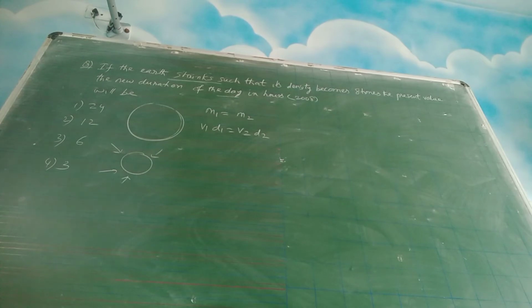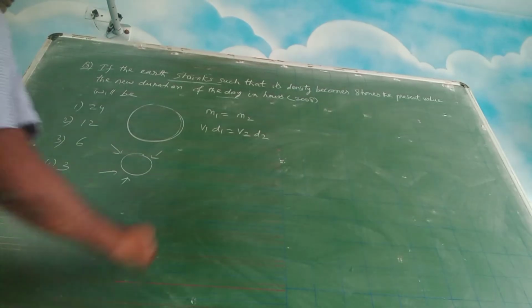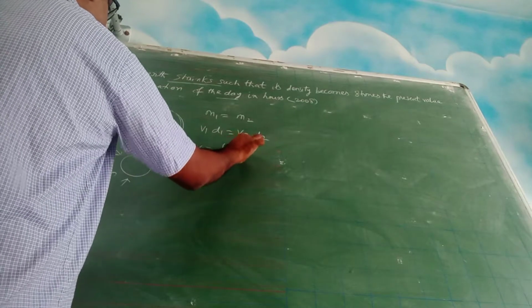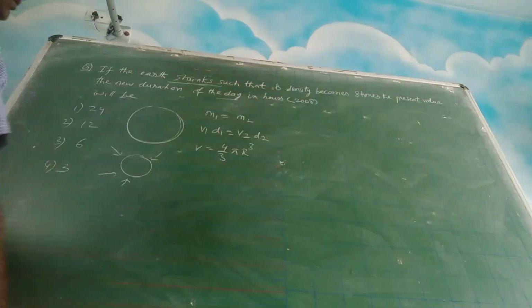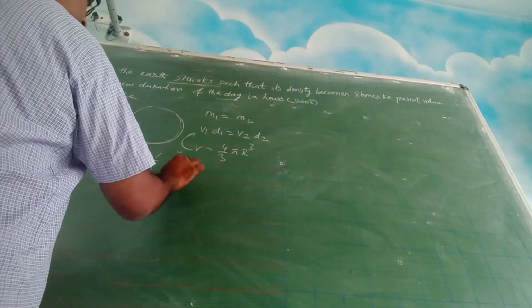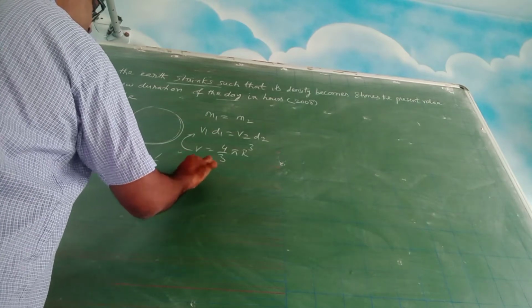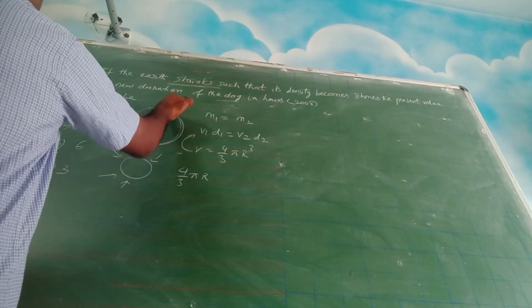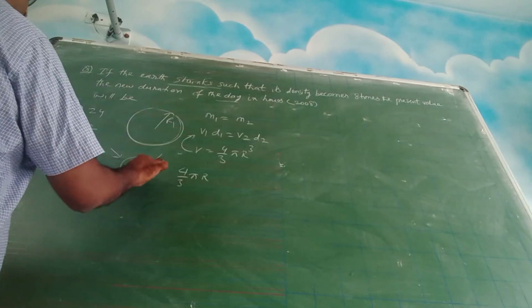So what is the volume of a sphere? Volume of a sphere is 4/3 pi r cube. Initially let us say the radius was r1 and finally it was r2.